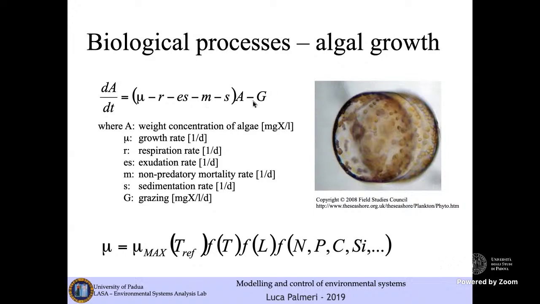These parameters are multiplied by A, that is the concentration of algae.